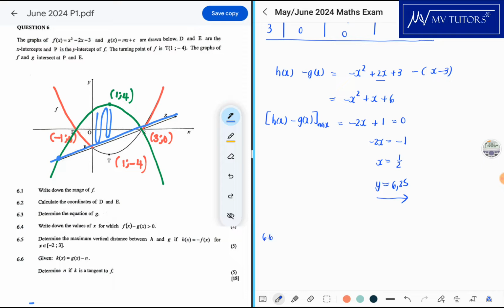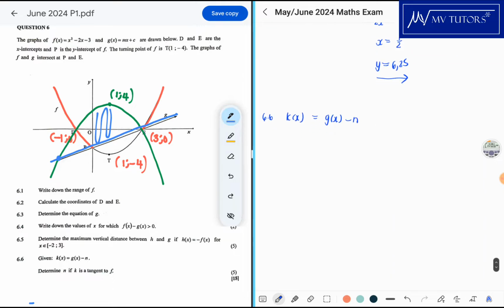Okay, and then 6.6. Now, given that k of x is equal to g of x minus n, determine n if k is a tangent to f. Basically, g of x has been shifted vertically in order for it to be a tangent to f.